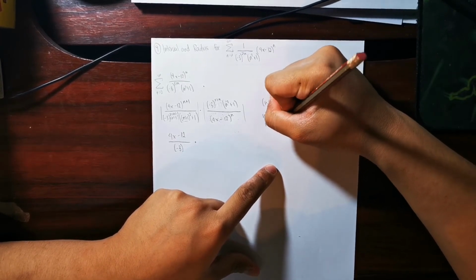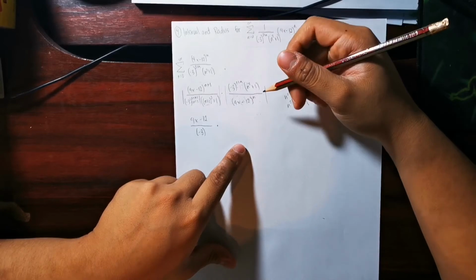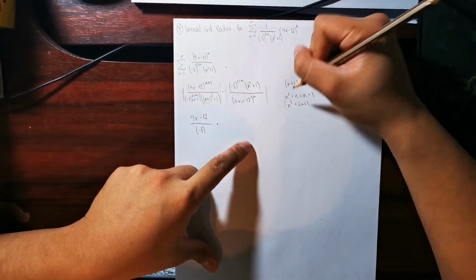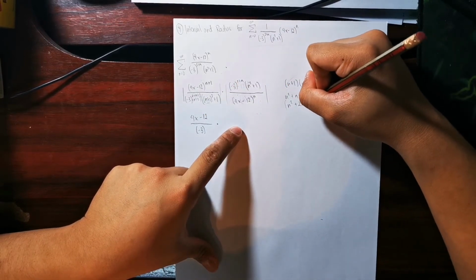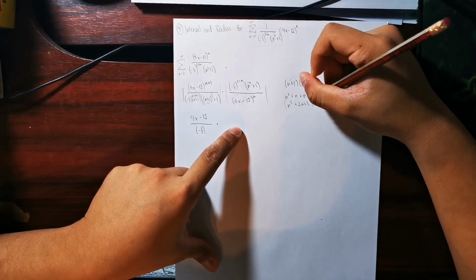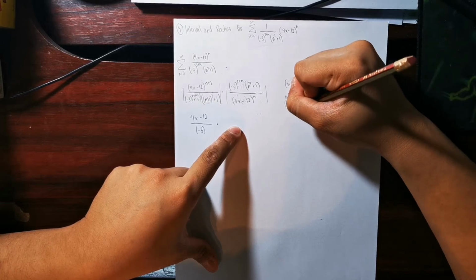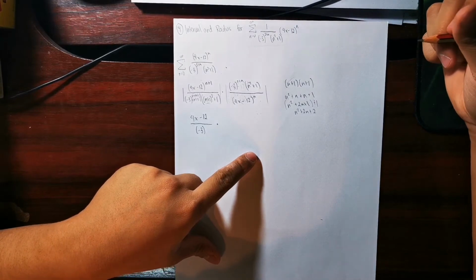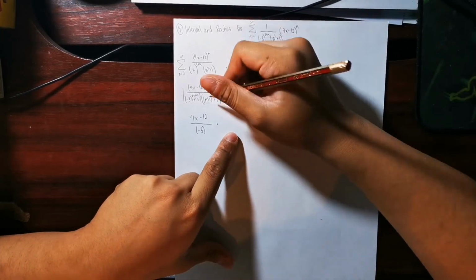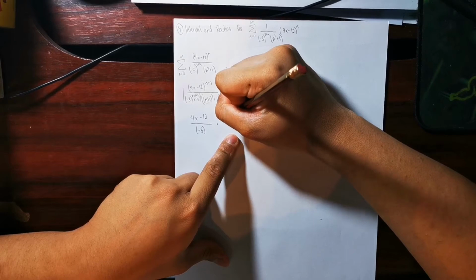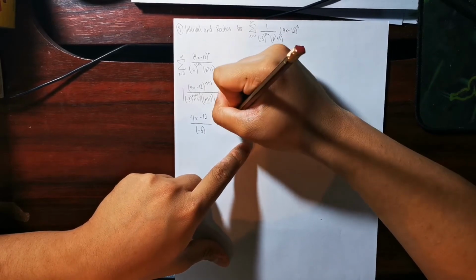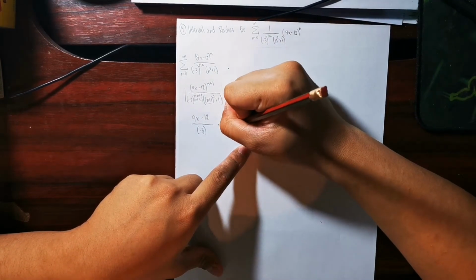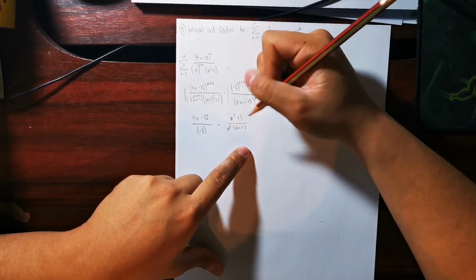So we have n squared plus 2n plus 1, and with the other plus 1, this becomes n squared plus 2n plus 2. Okay, so now we copy this term: n squared plus 1 over n squared plus 2n plus 2.